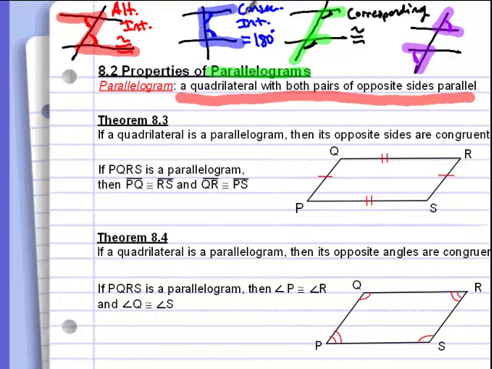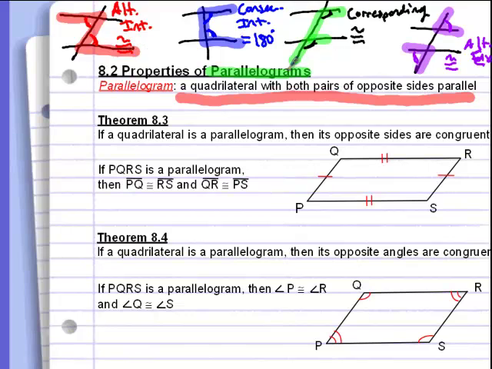The last one we're going to do looks kind of like a not-equal symbol. These are called alternate exterior angles, kind of a goofy looking spelling, but alternate exterior, and they are also congruent. Those four types of angles are only brought about by parallel lines.